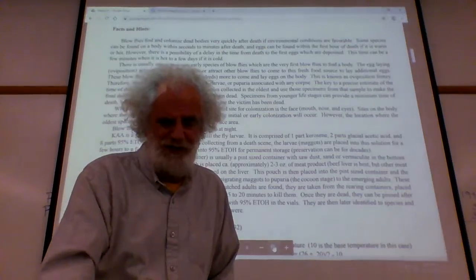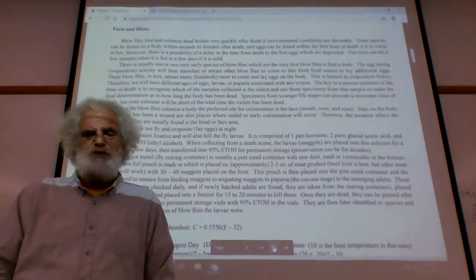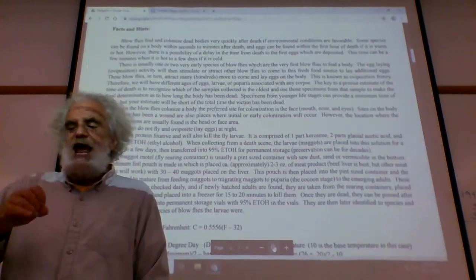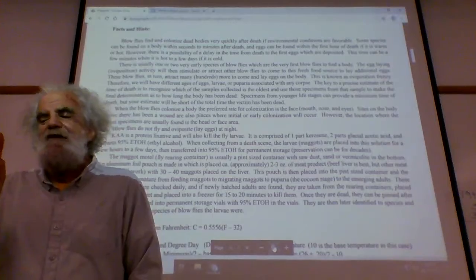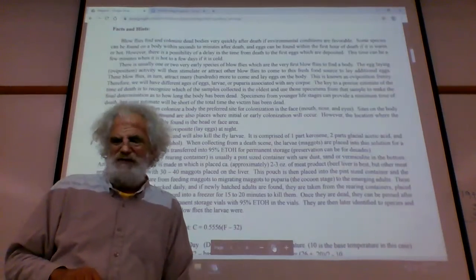The paper talks a little bit about something called a maggot motel, which is essentially a place where you can allow the maggots to continue developing, and that way they can hatch out, and from there you have them all sitting on a little piece of liver to eat on.